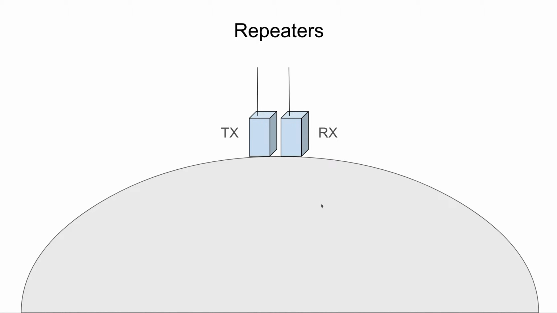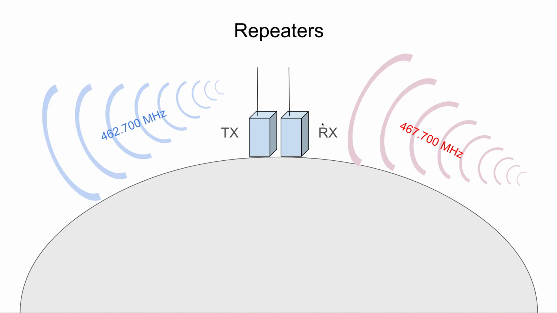So, how do we fix this? The repeater listens and transmits on different frequencies. Now they can listen and broadcast at the same time without causing a collision or loop. In this example, the GMRS repeater is transmitting on 462.700, but it's listening on 467.700. 462.700 and 467.700 are 5 megahertz apart.